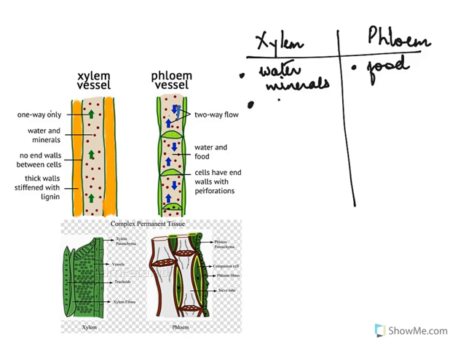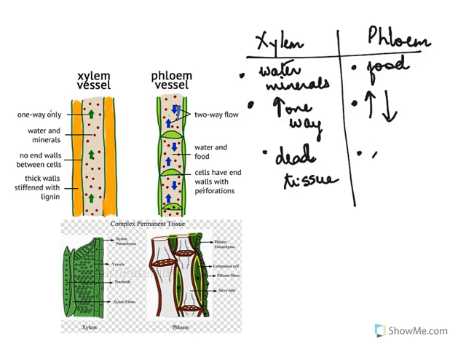Here the flow is just one way, and here the flow is either way, both ways. Xylem is usually dead tissue, most of it is dead, and most of the phloem is living.